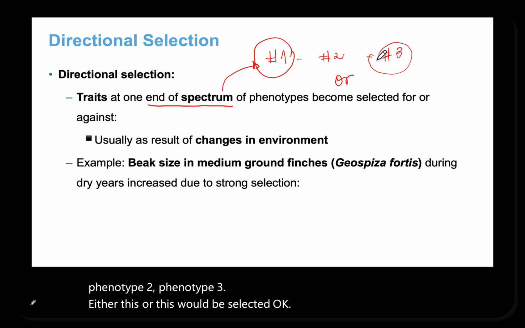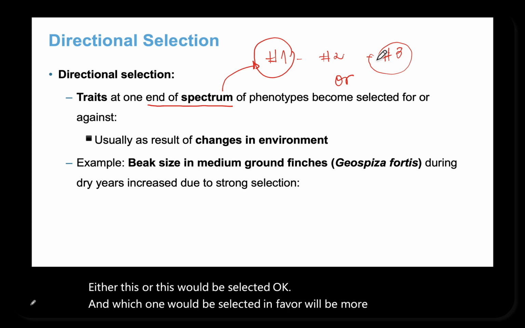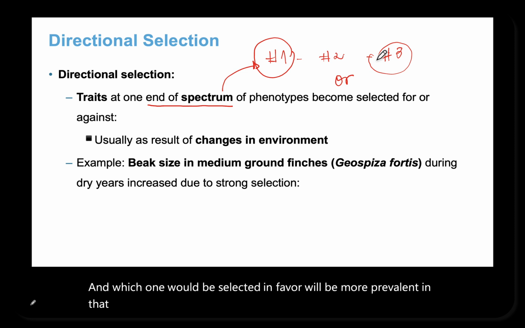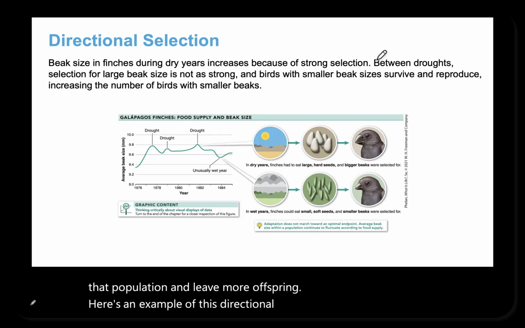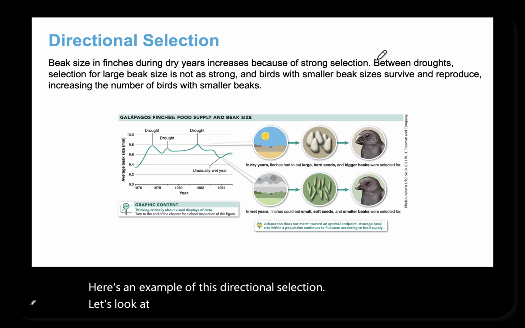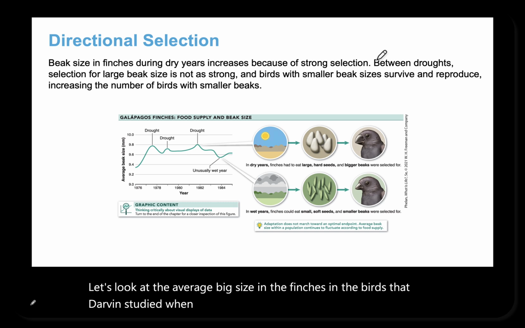And the one that is selected in favor will be more prevalent in that population and leave more offspring. Here's an example of this directional selection. Let's look at the average beak size in the finches, the birds that Darwin studied when he went to the Galapagos Islands.